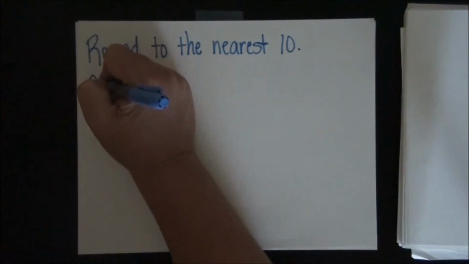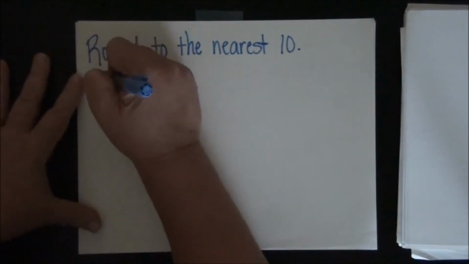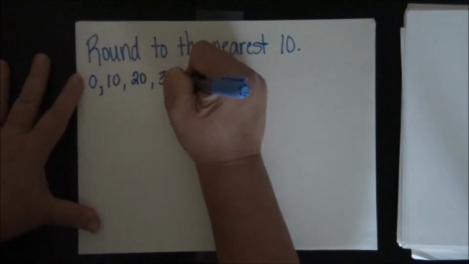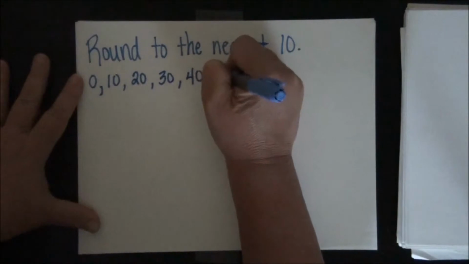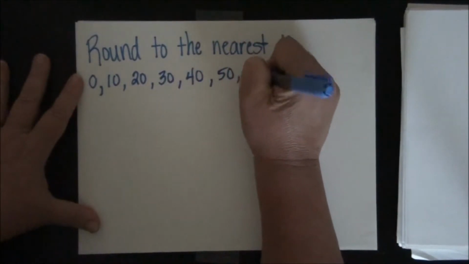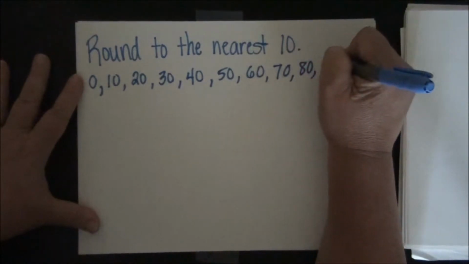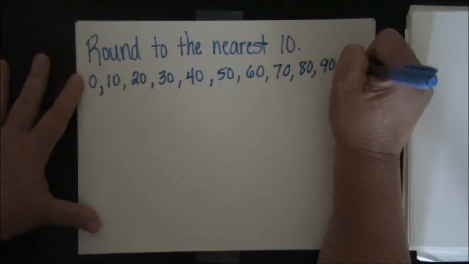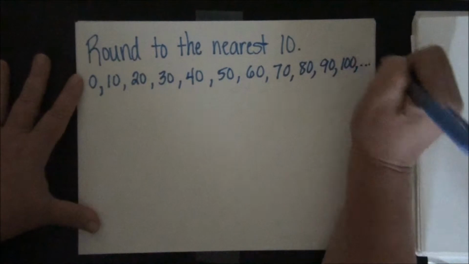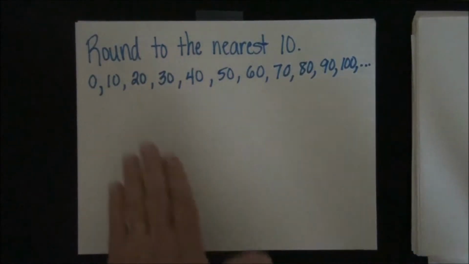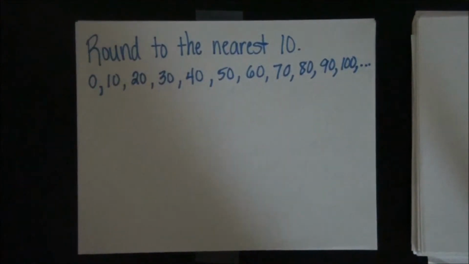You probably did it in kindergarten, if not earlier. 0, 10, 20, 30, 40, 50, 60, 70, 80, 90, 100, and so on.